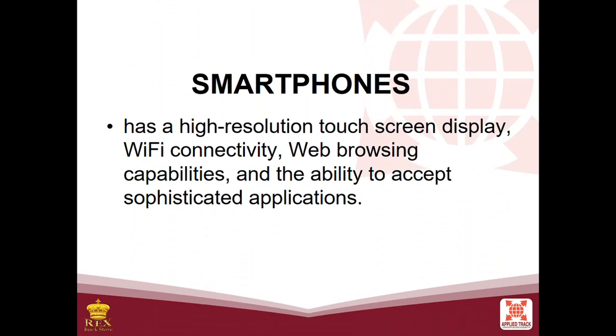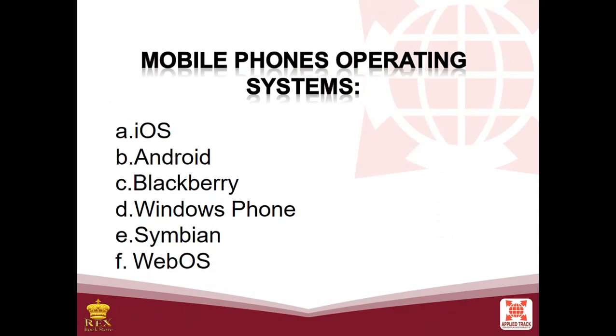So you have different types of mobile phones. You have the smartphones, which have the capability of Wi-Fi connectivity, web browsing, and of course, you can install different applications. So the different operating systems that we have right now: we have iOS for Apple devices, Android for our Android phones, BlackBerry for the BlackBerry phones, and Windows Phone OS for the Windows phone.